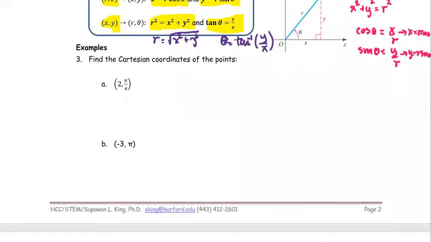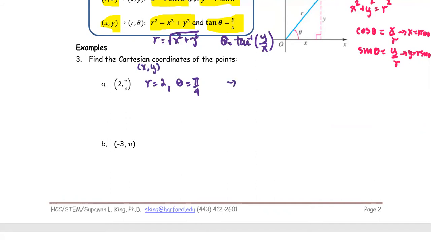Let's see examples. The first one, find the Cartesian coordinates of the points given to be r equals 2 and the angle theta as pi over 4 for part A. Now we are going to change to the Cartesian coordinates, or the ordered pair x comma y.